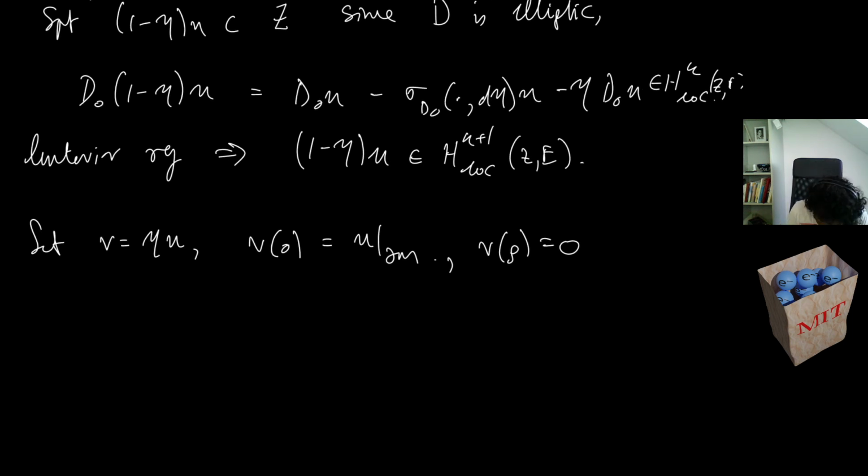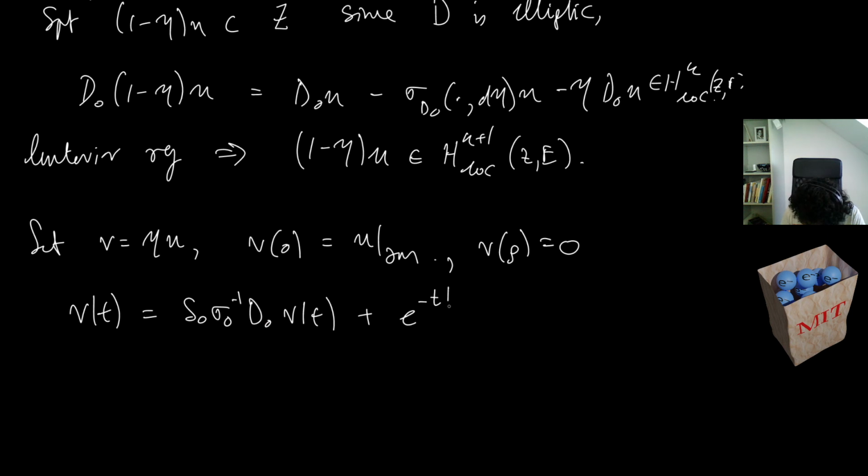We have that v(t) is equal to S_0 σ_0^{-1} D_0 v(t) plus e^{-t|A|} χ_+(A) v restricted to 0.